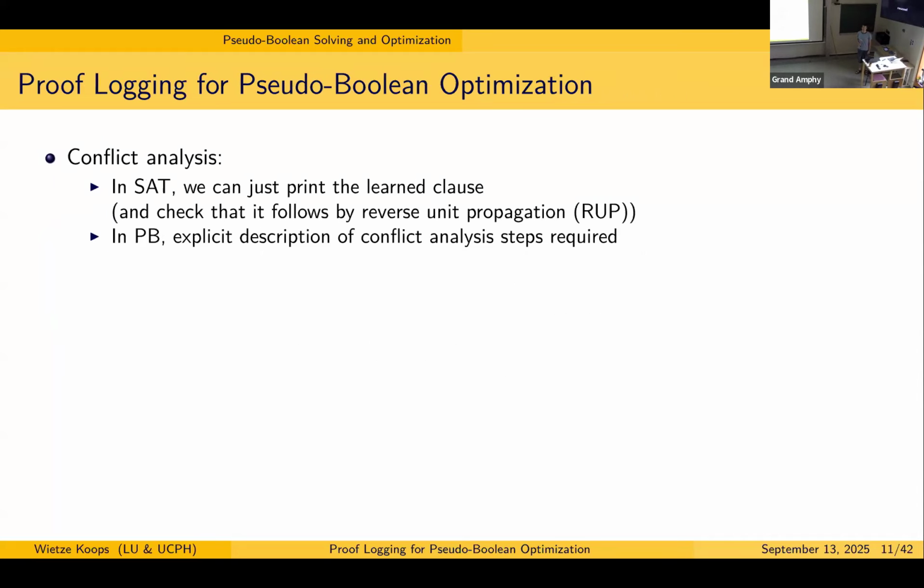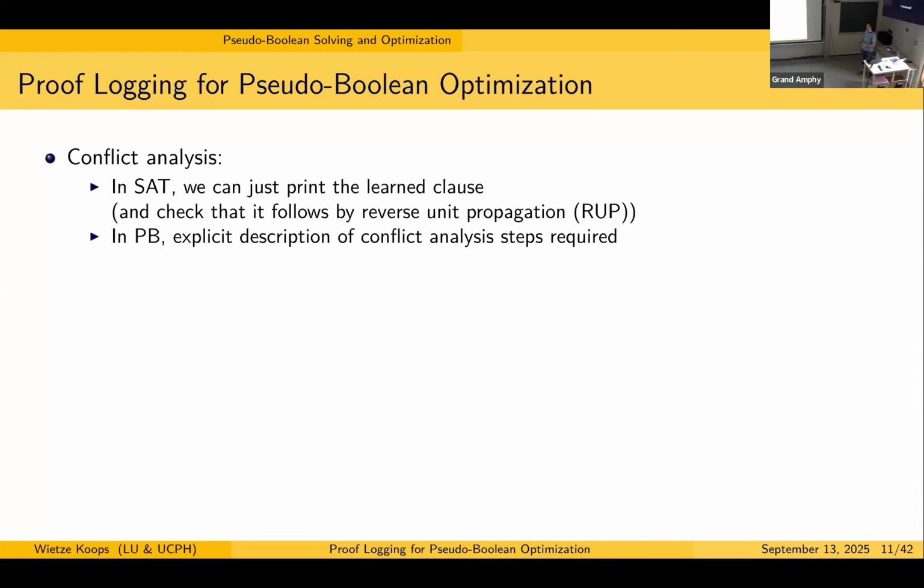And then how do we add proof logging for that? Well, for conflict analysis, as was explained in the morning, in SAT we can just print the clause and check that it follows by reverse unit propagation. If we do pseudo-Boolean conflict analysis, that doesn't work. Constraints that follow from pseudo-Boolean conflict analysis don't necessarily follow from RUP, even if you have pseudo-Boolean propagation.